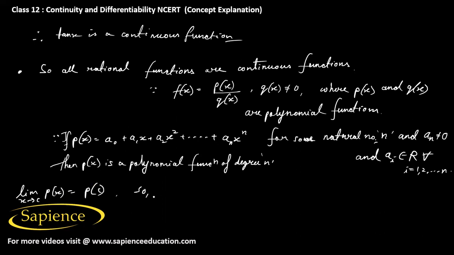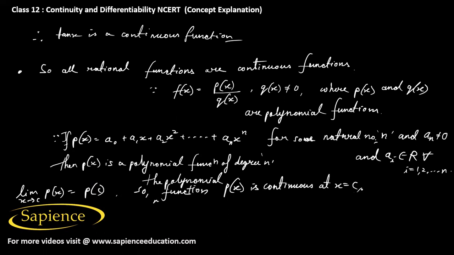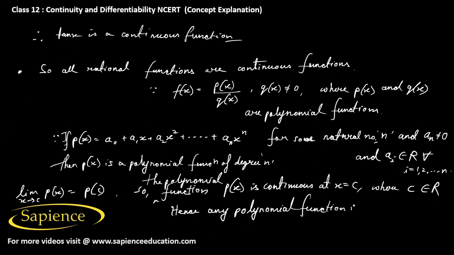So we can say that the polynomial function p of x is continuous at x equal to c, where c is any real number, where c belongs to R. So hence we can say that any polynomial function is a continuous function.